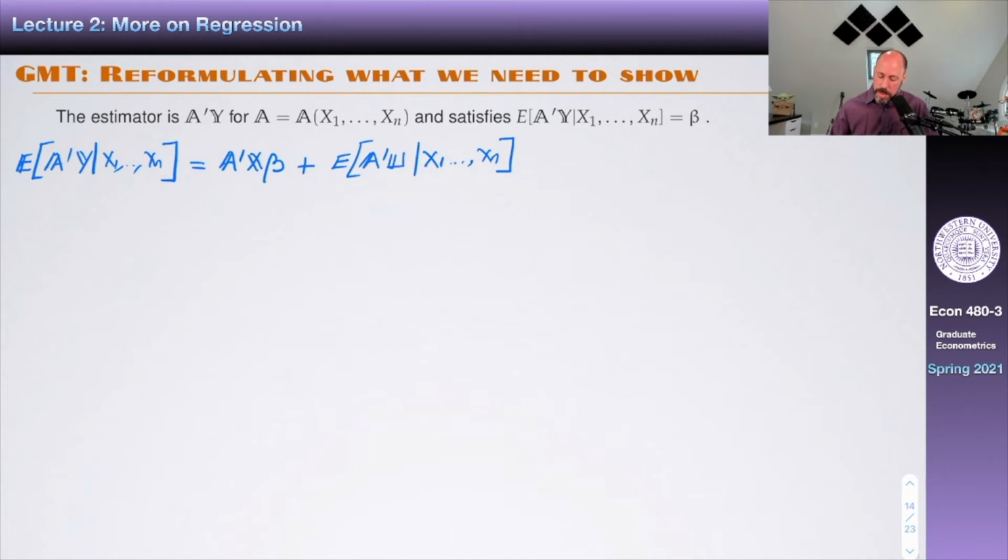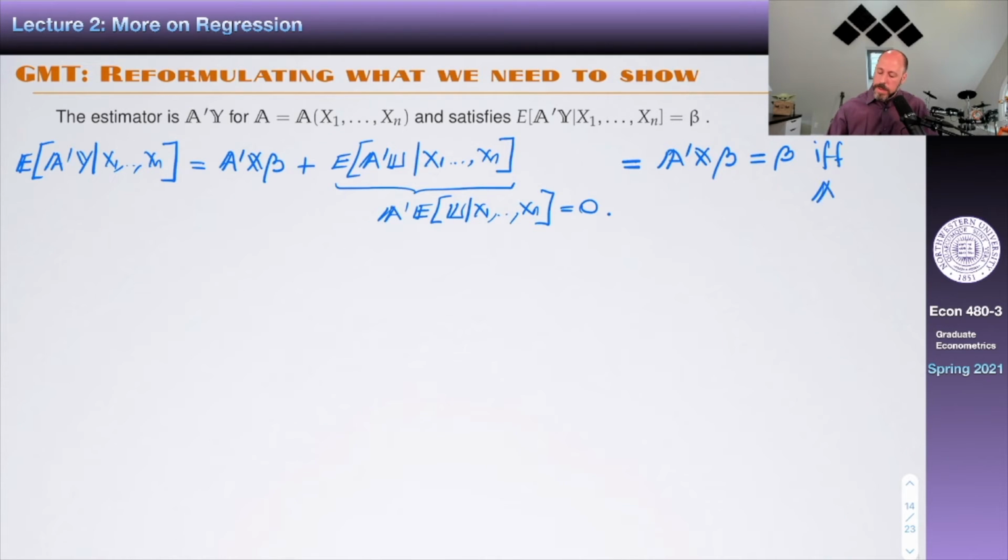And this is just a prime times the expected value of u conditional on the x's, which is 0. So this expectation is equal to a prime x beta, and it's equal to beta if and only if a prime x is equal to the identity.